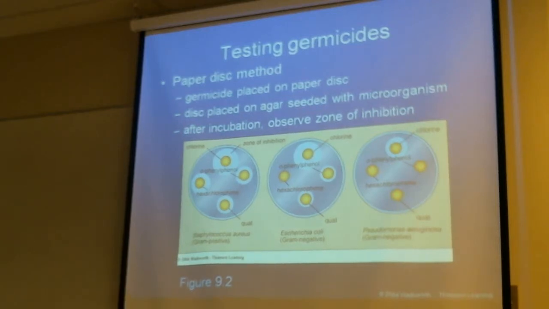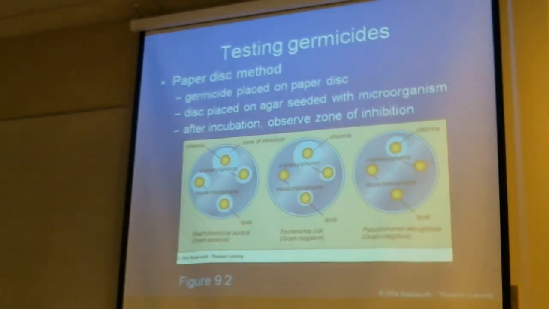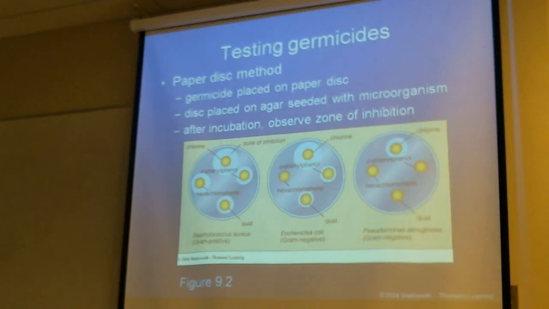When we used to have a lot of extra time, I'd put things like Lysol and a variety of different common cleaning products, or like Listerine, different things that you commonly use on these discs, and we'd test them.